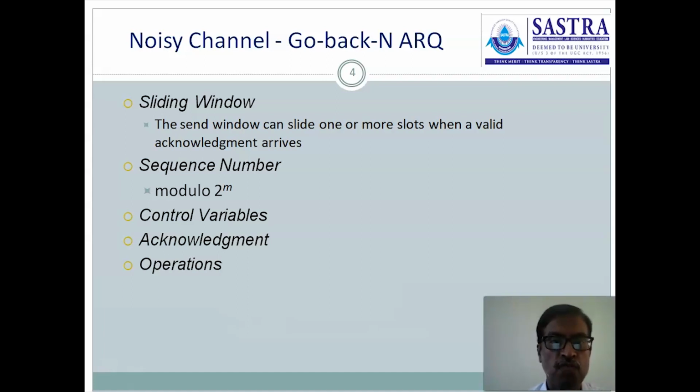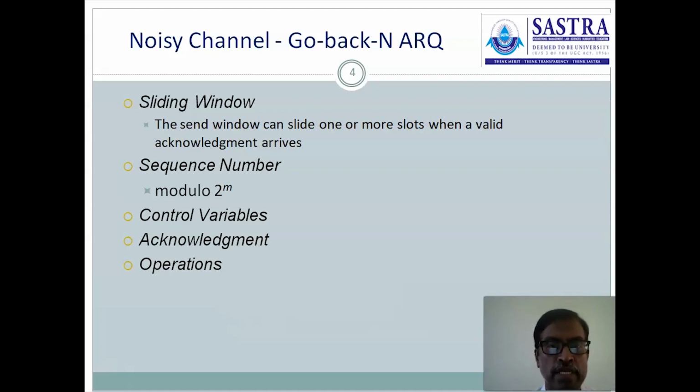If more frames are allowed to be sent, we need to change certain parameters slightly: sequence number, control variable and sliding window. These three attributes are changed in Go-Back-N ARQ.